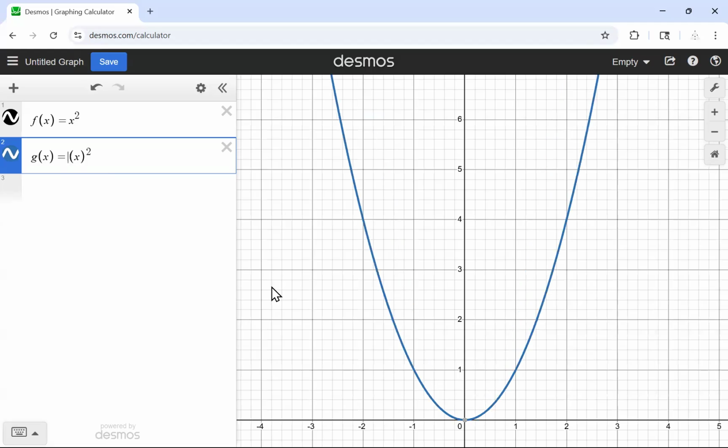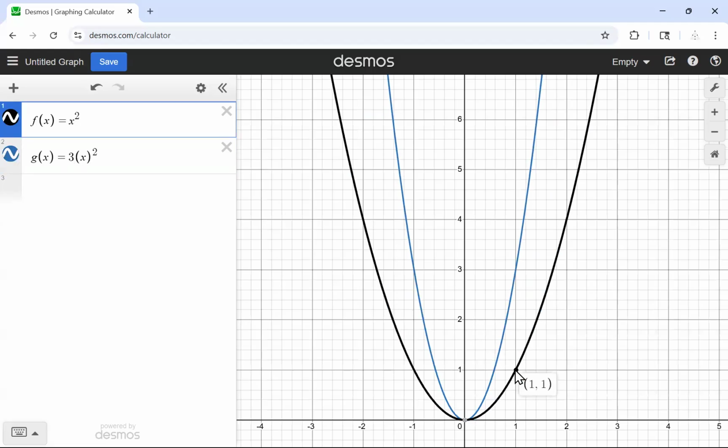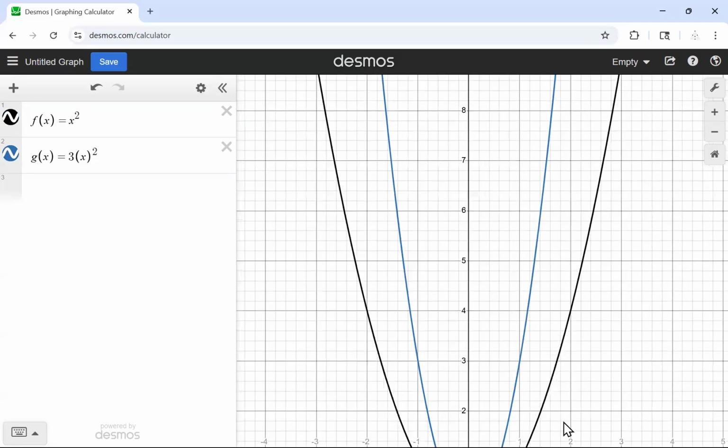If I put a factor of 3 out front, then I would have tripled the y value. So the point 1, 1 would now be vertically stretched to the point 1, 3. And the point 2, 4, we would have tripled its y value, so that's the point 2, 12 now.